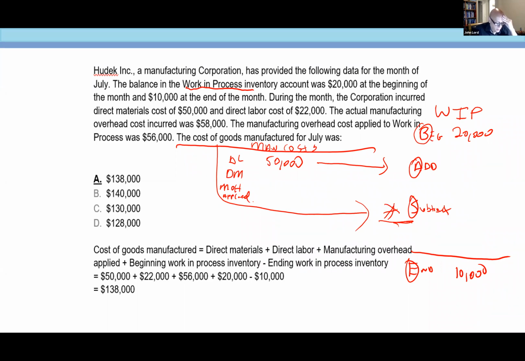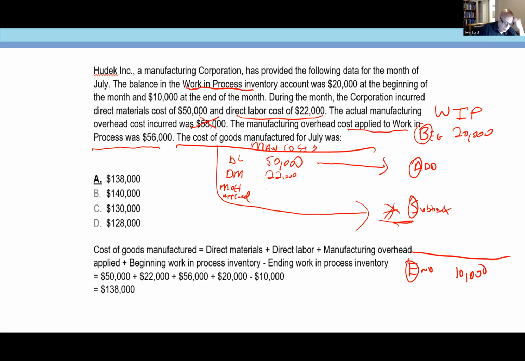So they tell me 50,000 direct materials, direct labor is 22. The actual manufacturing cost incurred was 58. Was that movie where the guy kept going, don't you dare. It's the manufacturing overhead applied, the amount that was applied to work in process.